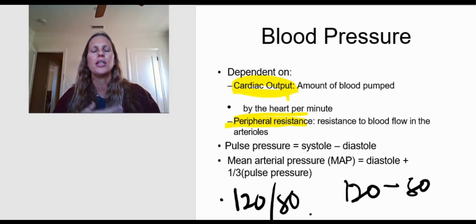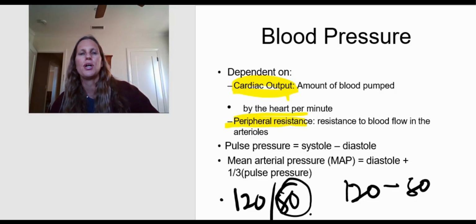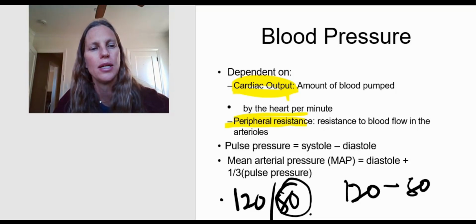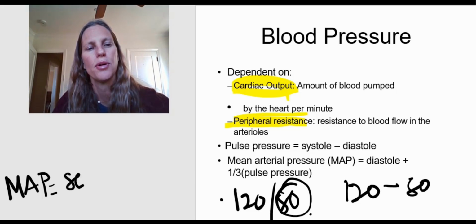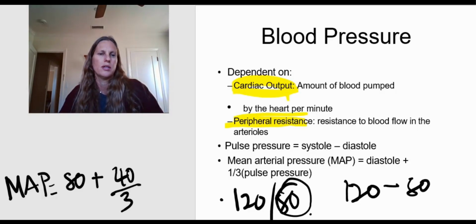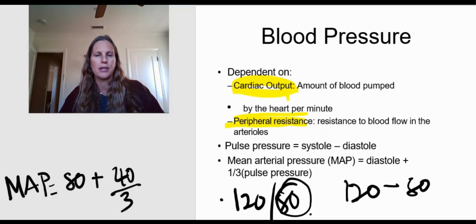So then you can calculate your mean arterial pressure by taking the diastolic number, the number on the bottom, 80, and adding one third of the pulse pressure. I said the pulse pressure was 40, divided by 3. That would give you your mean arterial pressure. I can't do that math right now because my brain is too busy thinking about what I'm saying. It's not hard math, but okay, that's the mean arterial pressure.